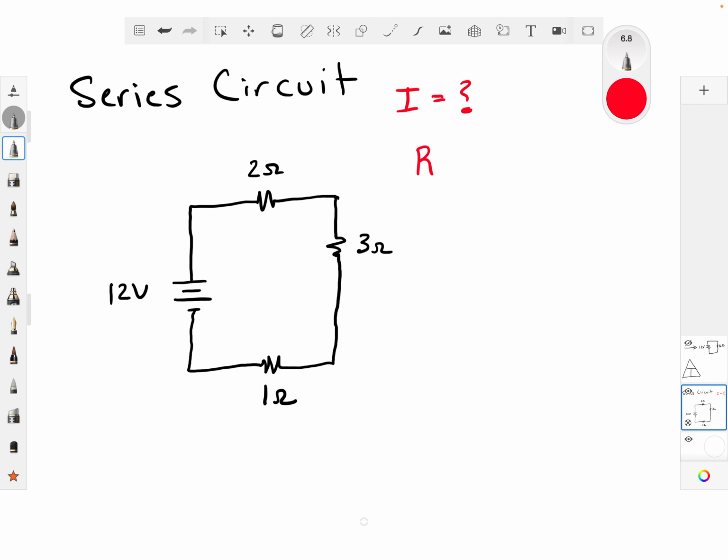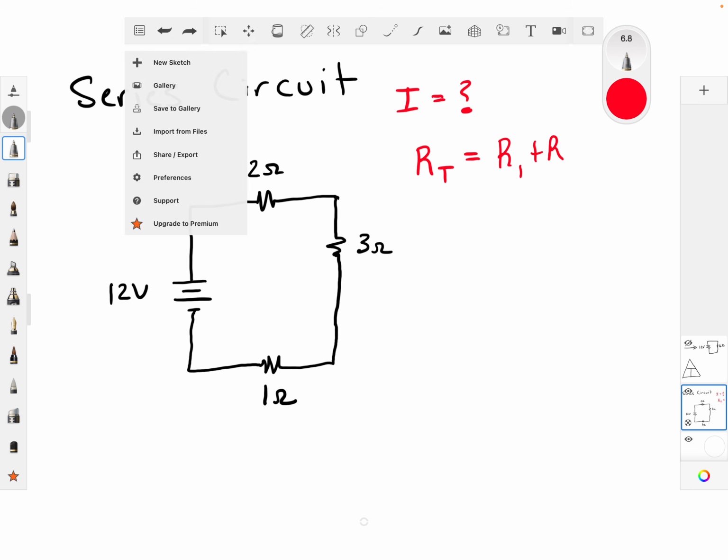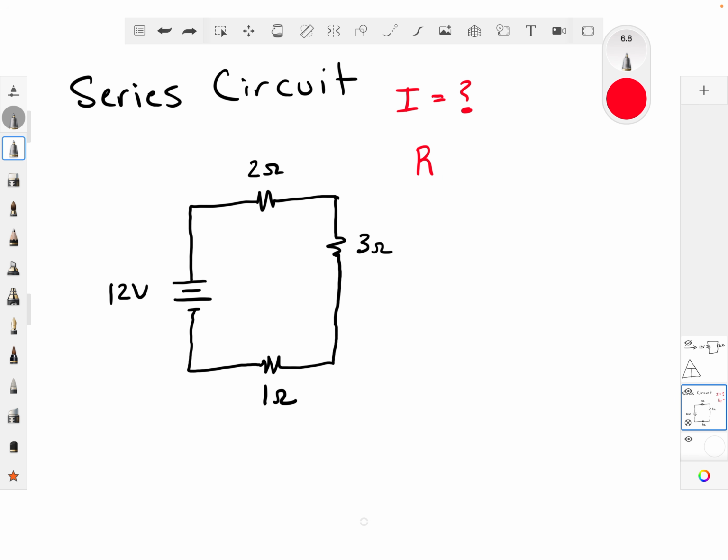So for series, the total resistance, that's what that RT stands for, is just going to be adding the resistors, resistor 1 plus resistor 2 plus resistor 3, etc. However many there are. You can do an unlimited amount of resistors with that equation. So that makes it simple.